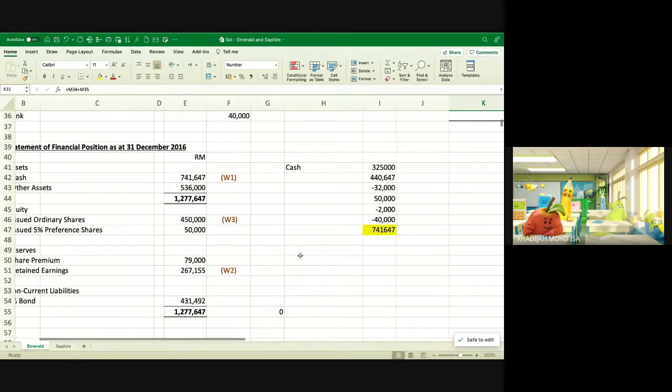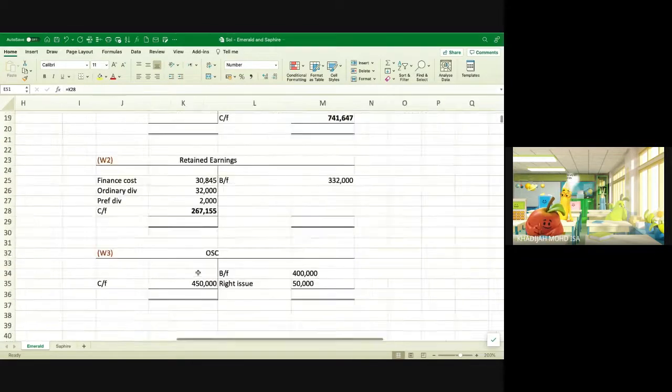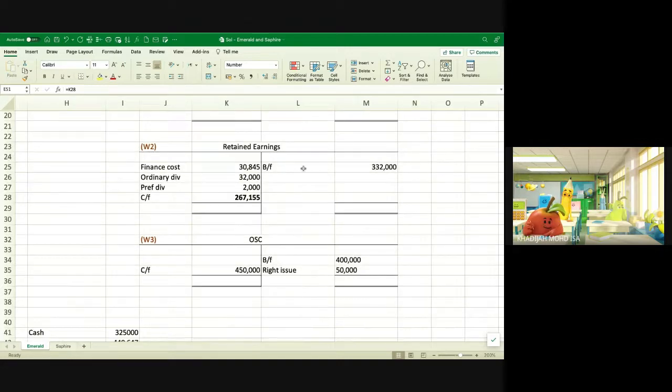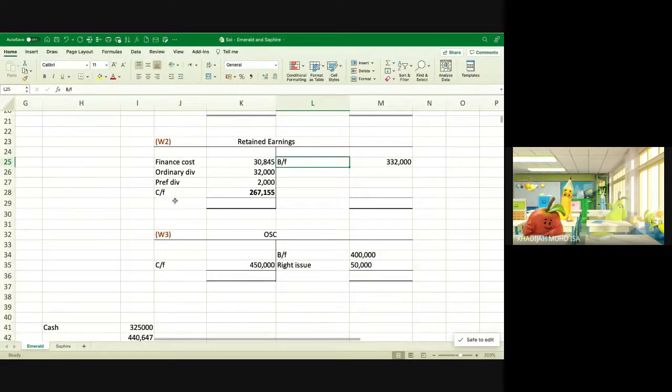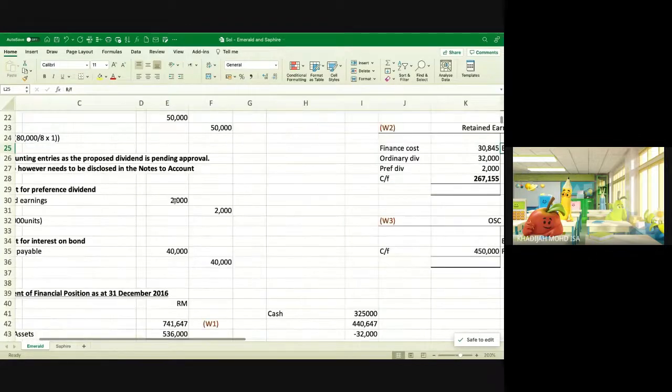Preference shares no change, but for retained earnings there's a movement. Where's your retained earnings? Opening balance is 332,000. And then remember that you have a transaction that talks about finance costs.